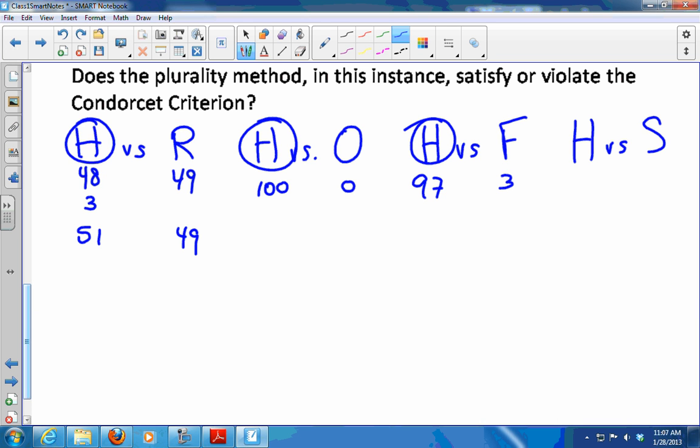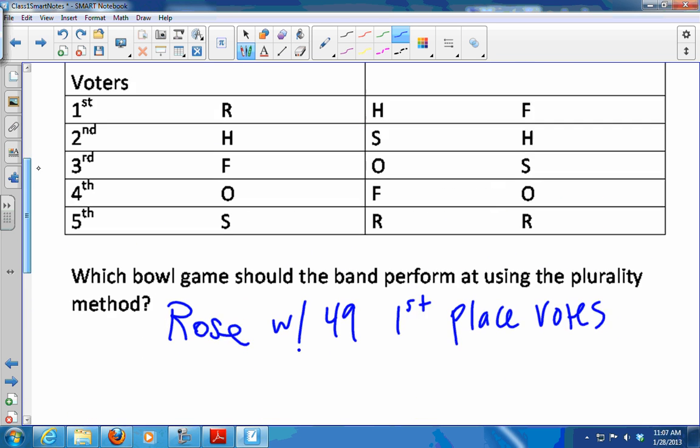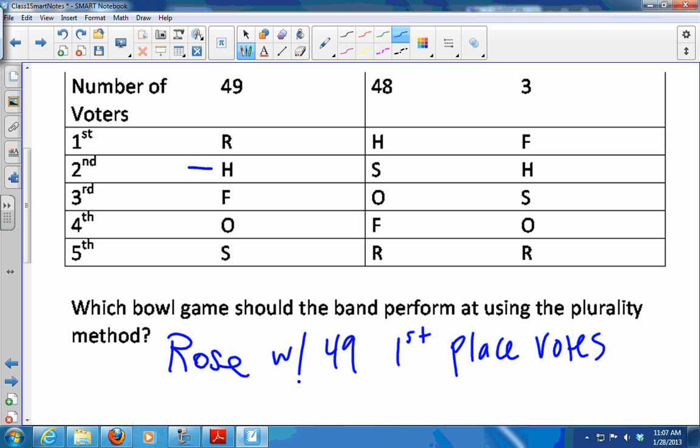You look at who's ranked above who. Hula is ranked above Fiesta, so those 49 votes all go to Hula. And in this one, we had Fiesta above Hula, so these 3 votes go to Fiesta.